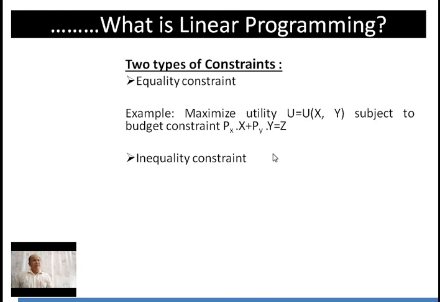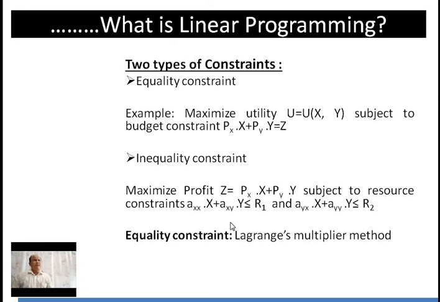For example, for a producer, maximize profit Z equal to Px·x plus Py·y subject to resource constraints: a_xx·x plus a_xy·y less than or equal to r1, that is the first constraint, and a_yx·x plus a_yy·y less than or equal to r2, that is the second constraint. So we have got two types of constraints: equality constraints and inequality constraints.